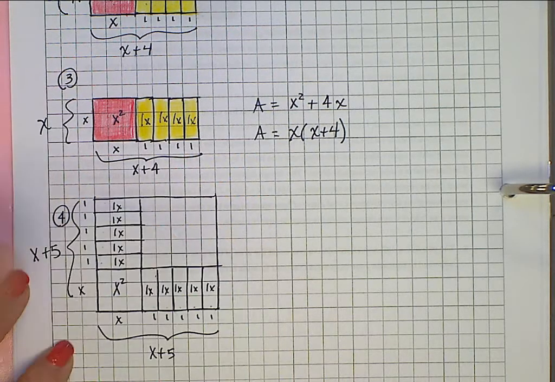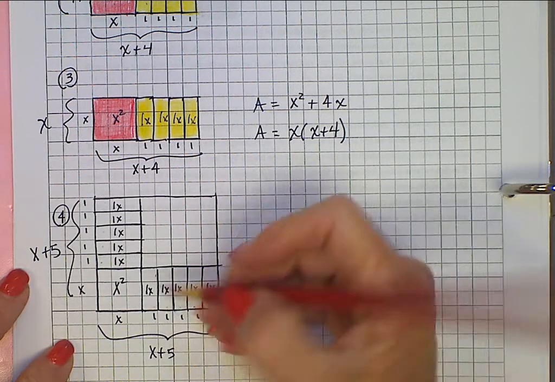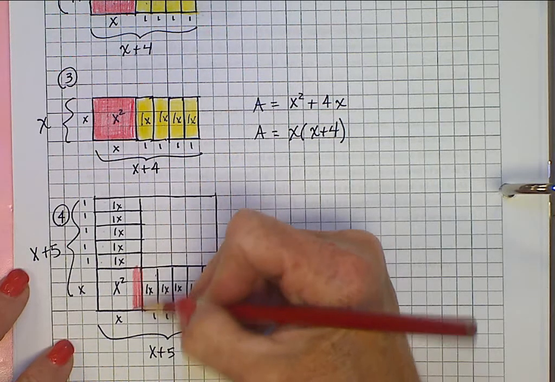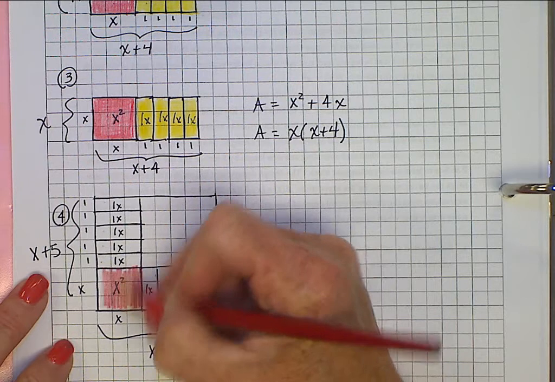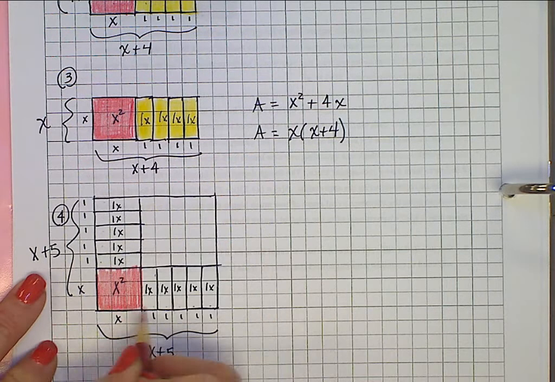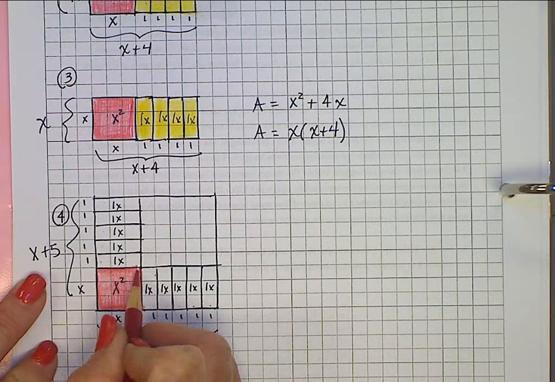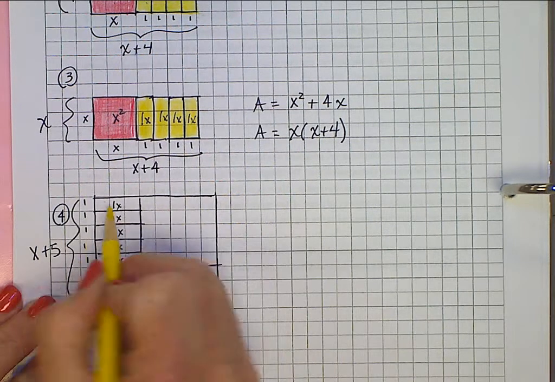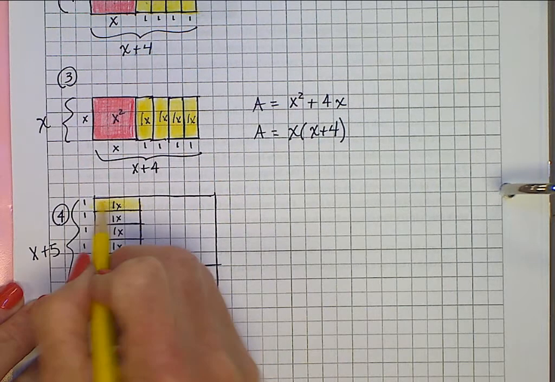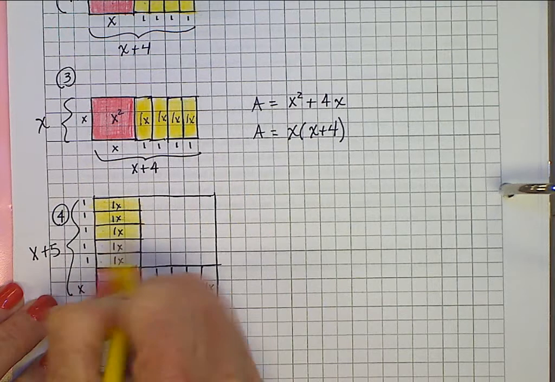All right, I'm going to go back and do our coloring scheme. That original x squared block gets red. Then all of our 1x in area strips this way.